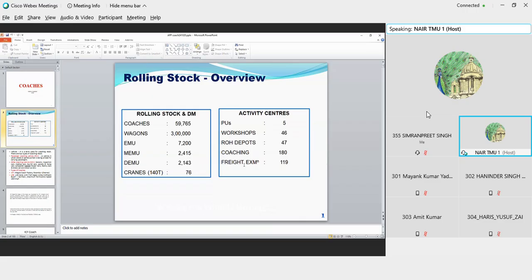We are trying to replace all the ICF coaches with the LHB because LHB is considered to be much safer as compared to ICF, and more comfortable. LHB has come in with a lot of promises, and especially in cases of accidents and derailments, the loss of life or the casualty which happens in LHB is much lower than in the ICF design.